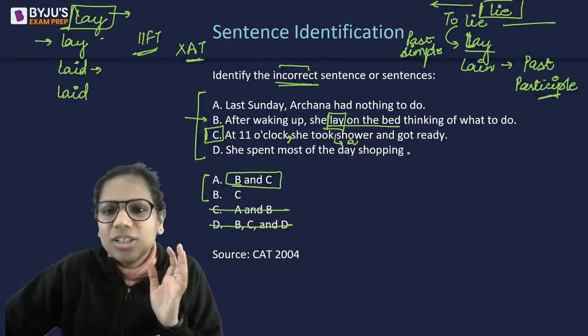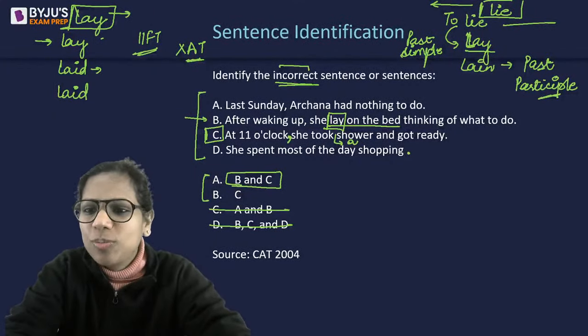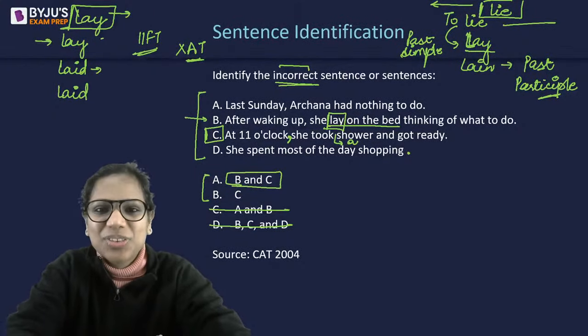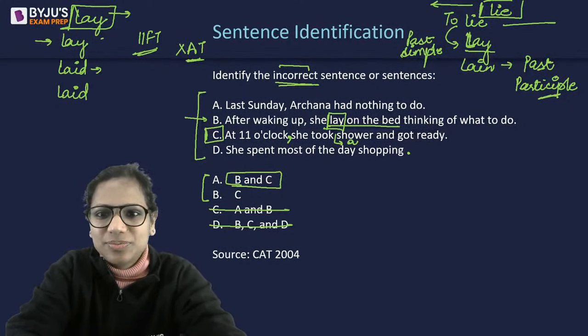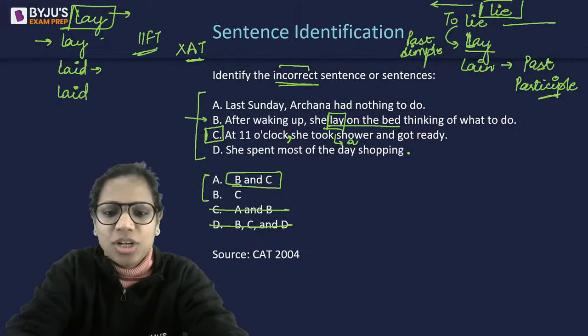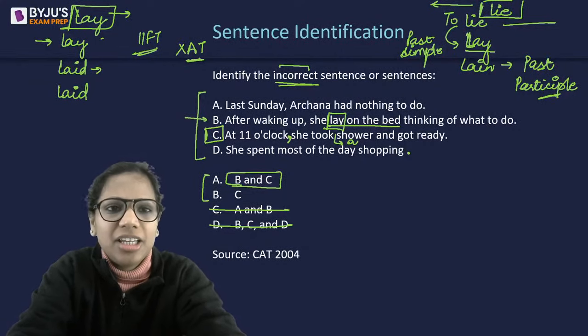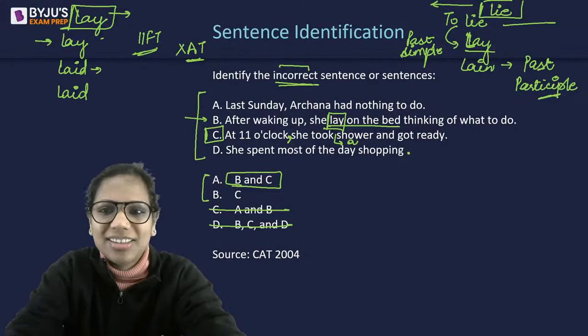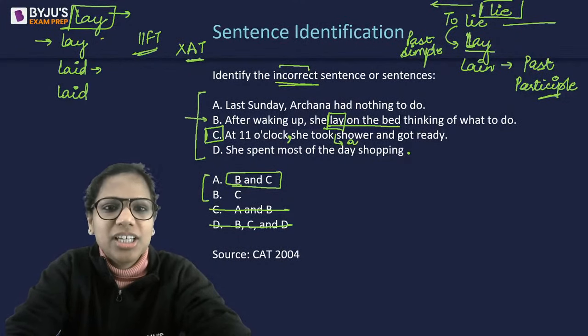तो अब ये तो clear हो गया कि lay में कोई problem नहीं है, तो फिर problem कहाँ है? Tell me. What is the difference between in bed versus on the bed? Yes. In bed versus on the bed. In versus on. It's actually this problem.